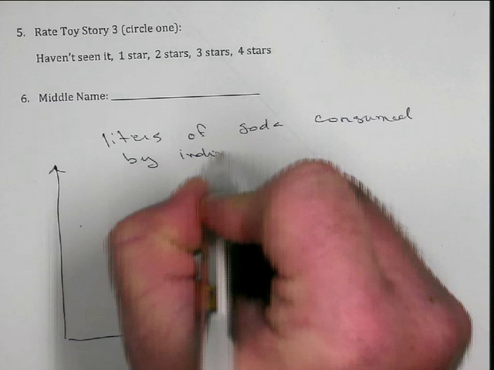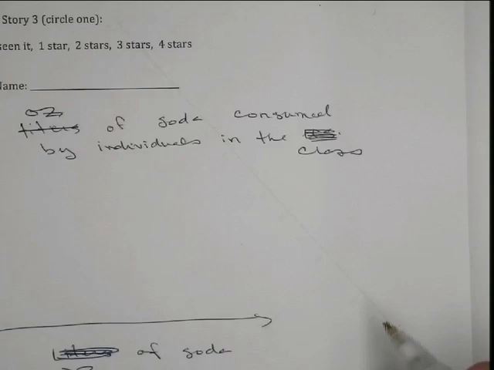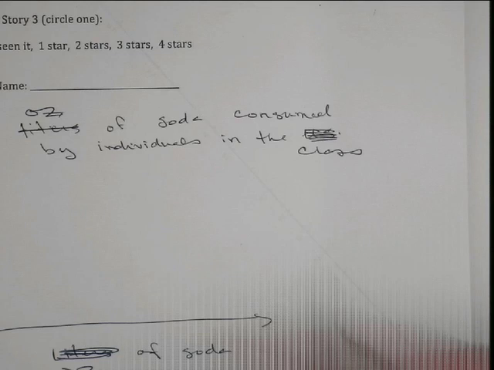So ounces is your unit of measurement. Good. Okay. So how would you represent what you were saying, a lot of people who drink no soda, and some people who only drink soda.